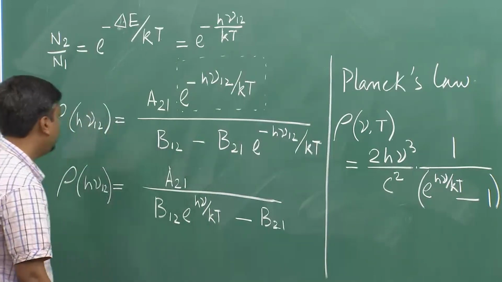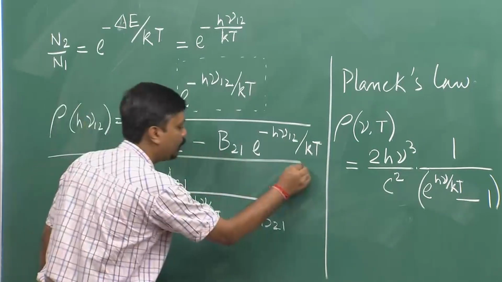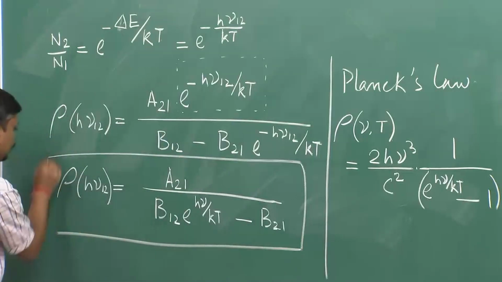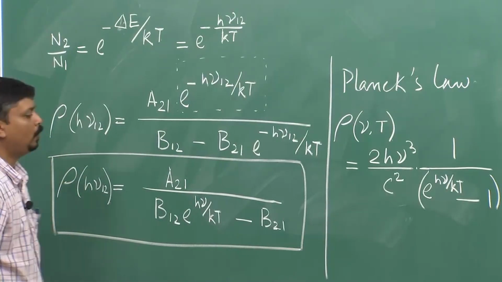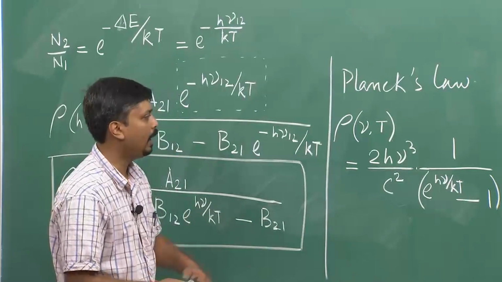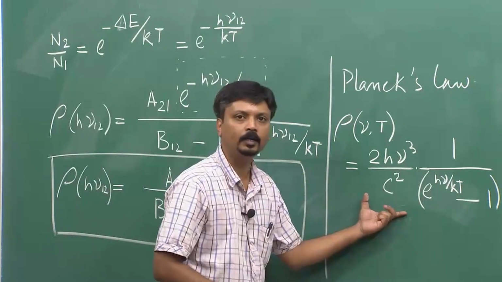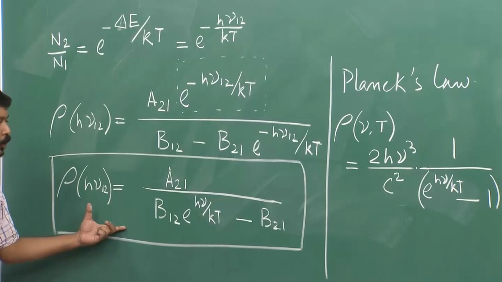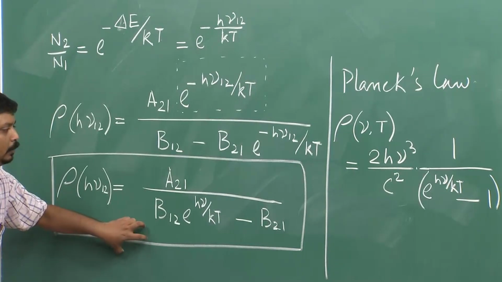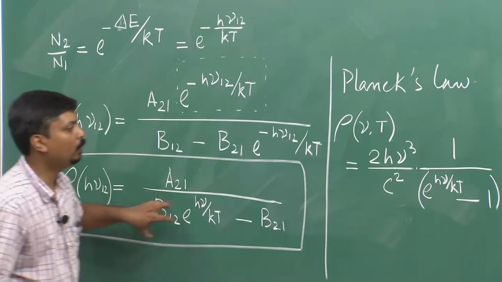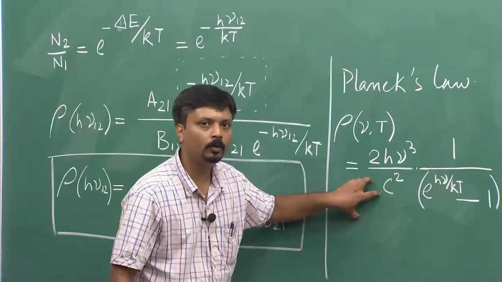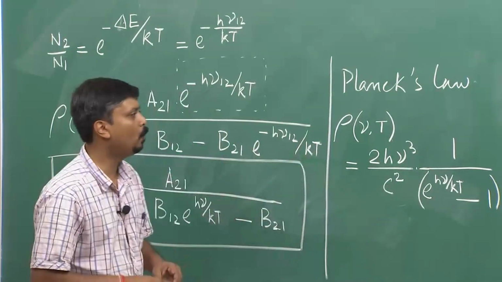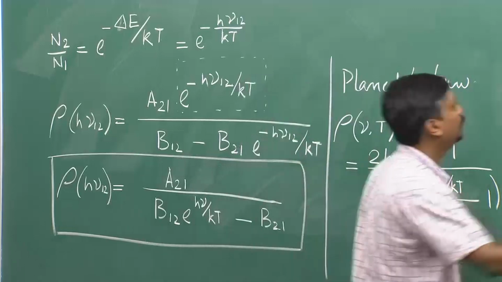Now, if I want to compare what Einstein derived and what Planck had derived, then we can see that they are very similar, and actually this particular equation boils down to this Planck's law under certain conditions. So, what are the conditions? Let us look at that.